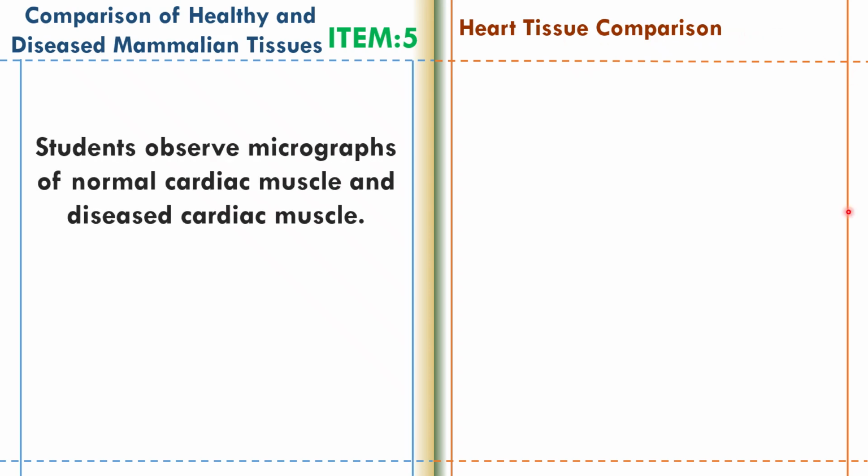Comparison of healthy and diseased mammalian tissue. Item 5. Heart tissue comparison. Students observe micrographs of normal cardiac muscle and diseased cardiac muscle.